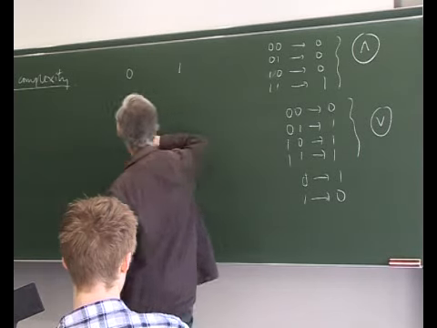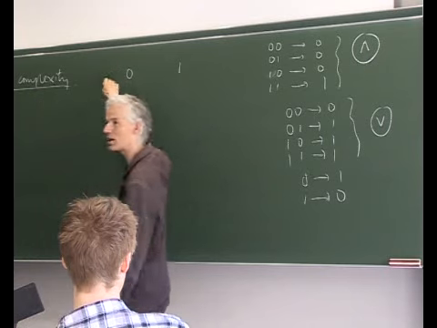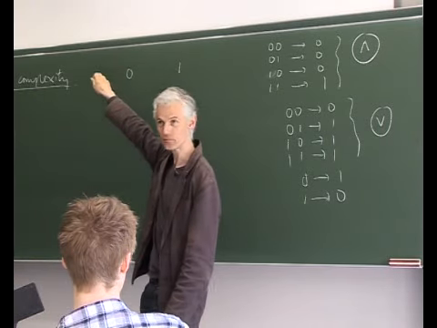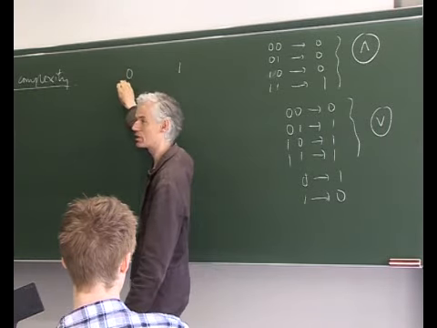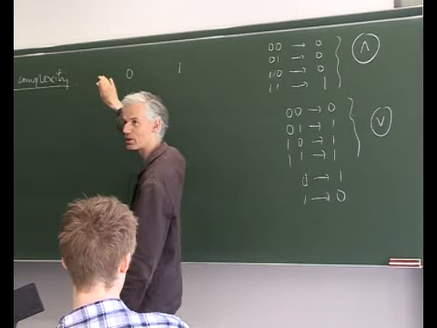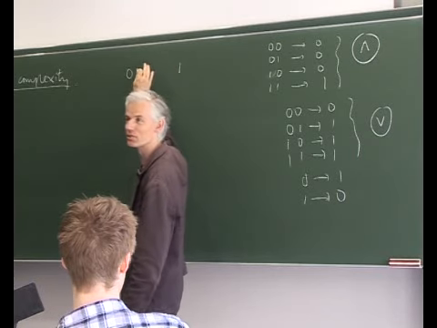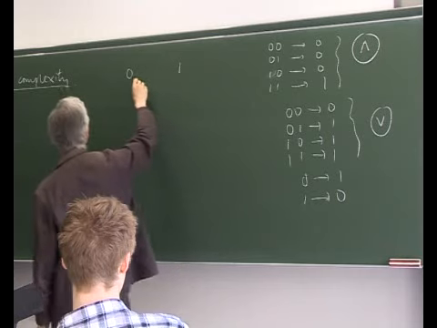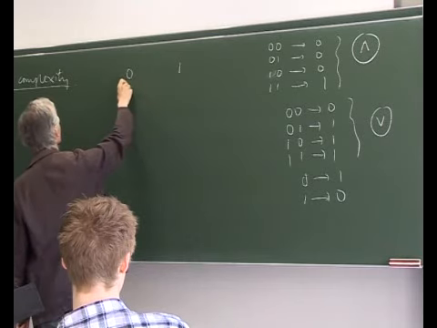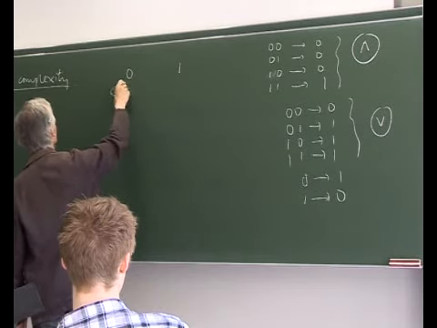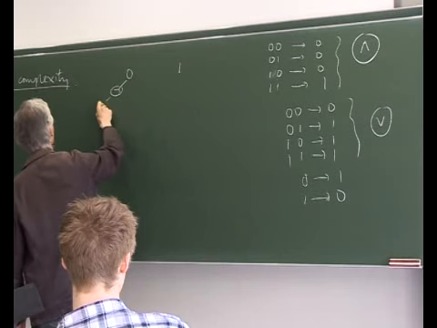So the way of getting it to be odd is if either that's a 0 and that's a 1, or that's a 1 and that's a 0. So let's put in a couple of NOT gates first of all. That makes that into a 1.